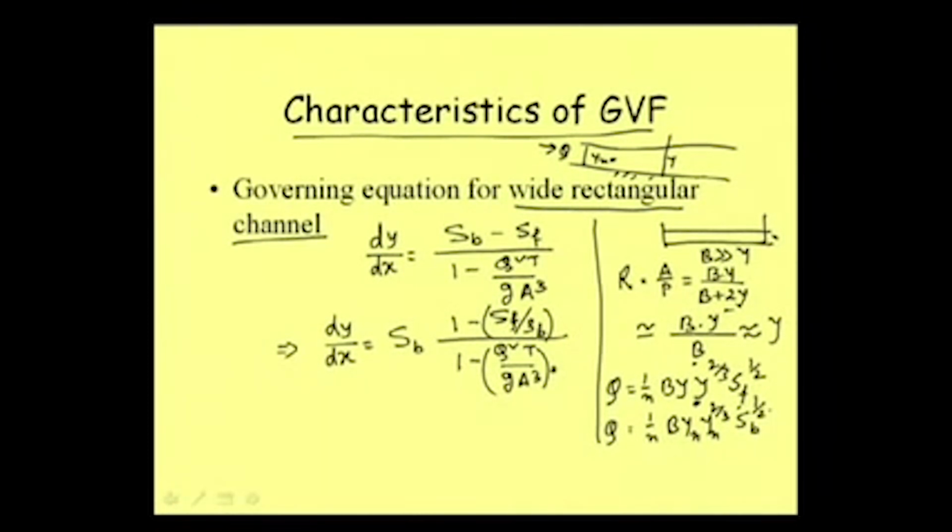Okay. So, if we write this as equation 1 and this as equation 2, then if we just divide 1 by 2, what we will be getting is 1 is equal to, so n and n are getting cancelled, b and b are getting cancelled, this is equal to y to the power 5 by 3. So, we can write y to the power 5 by 3, and here it will be yn to the power 5 by 3.